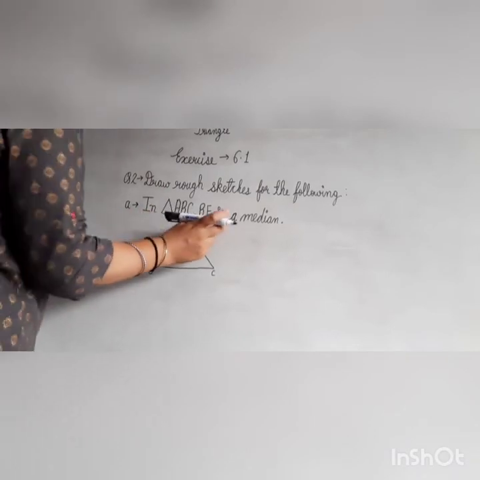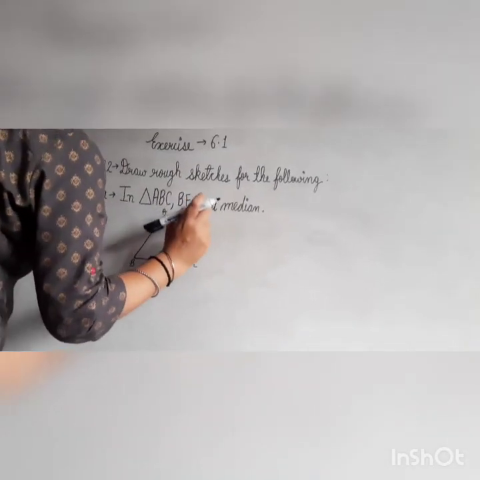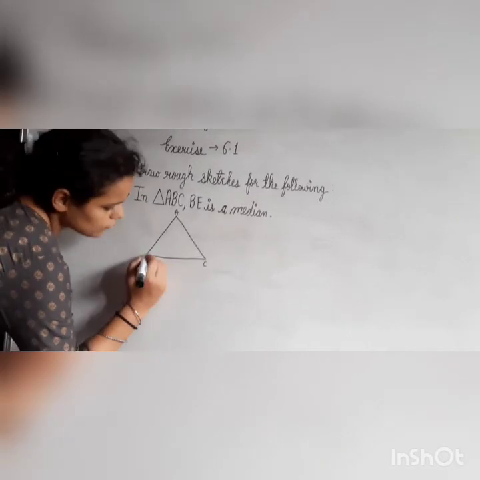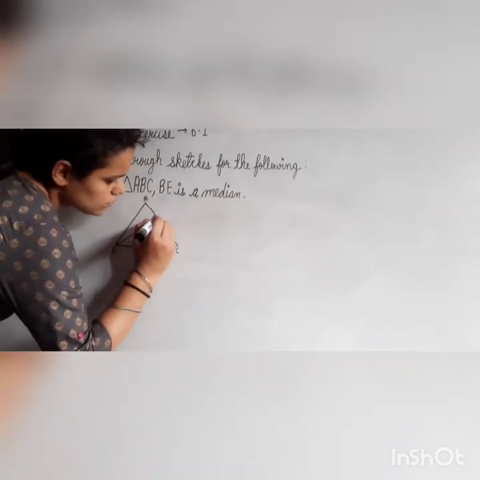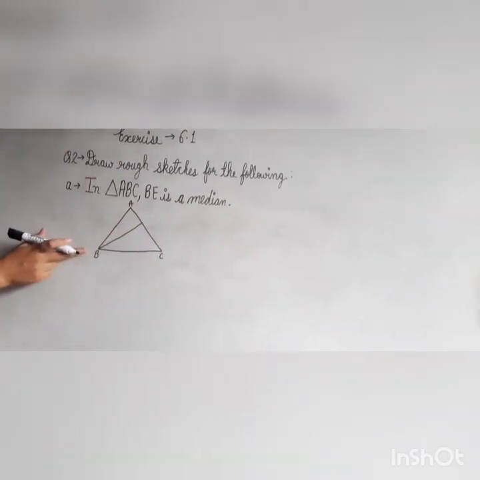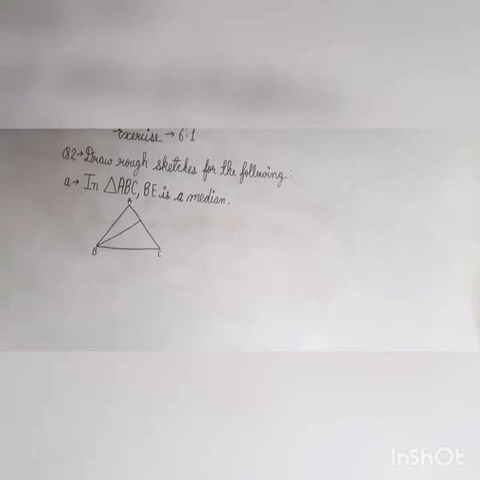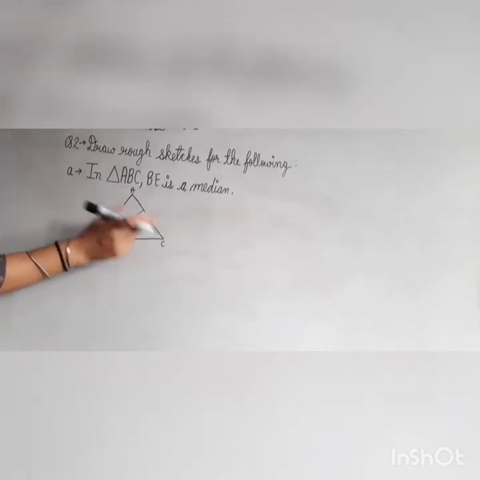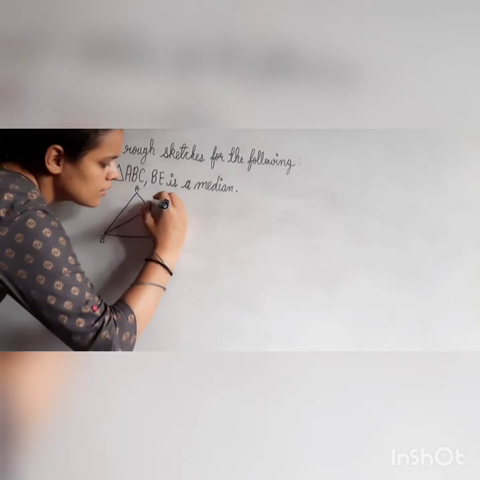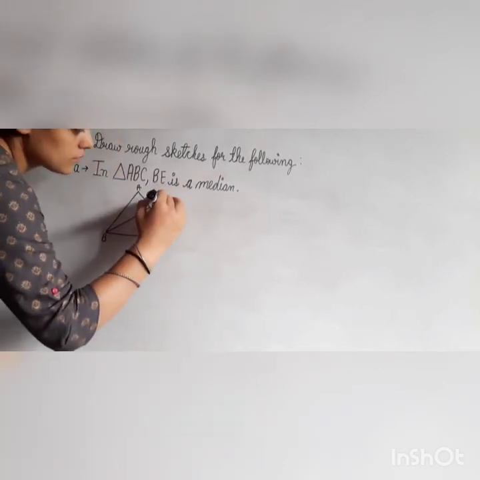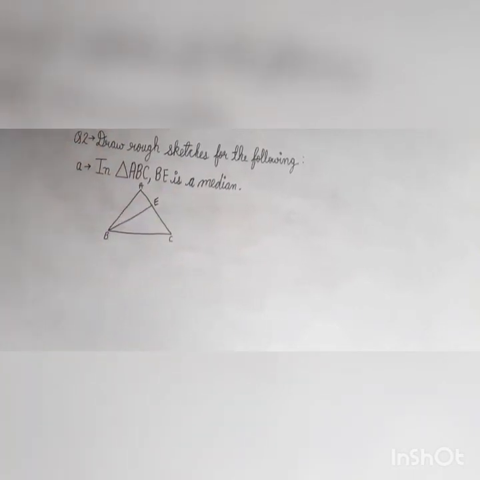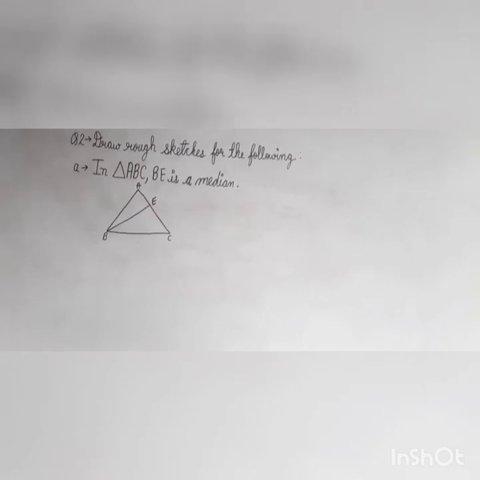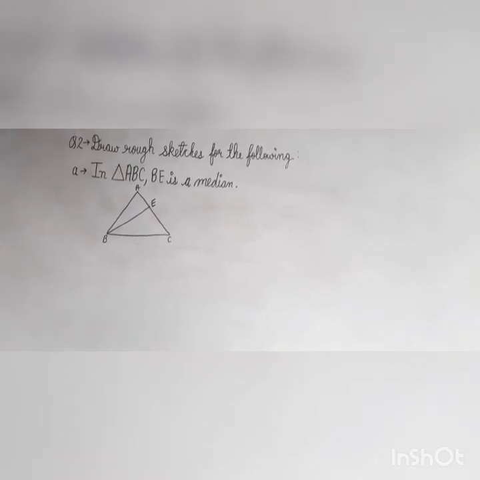What is given in the question? You have to draw BE as a median. You have to draw a line from the vertex B to the opposite side AC. This is a median. Now I will explain the second part.